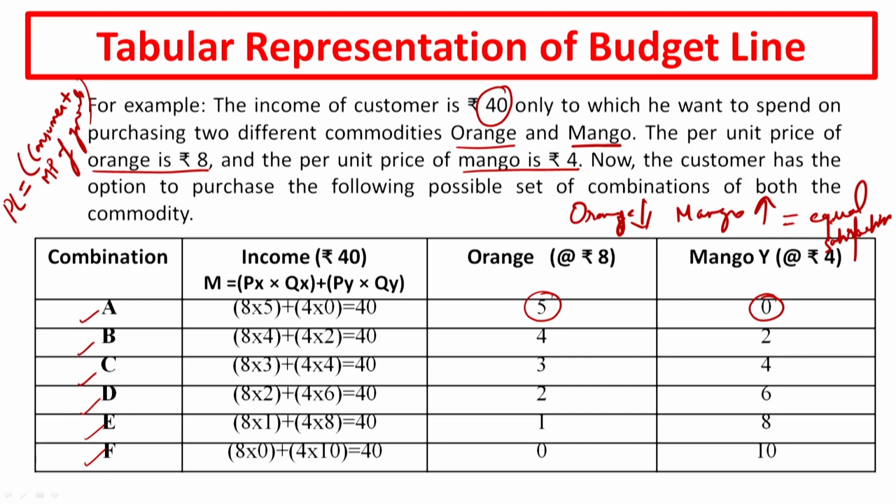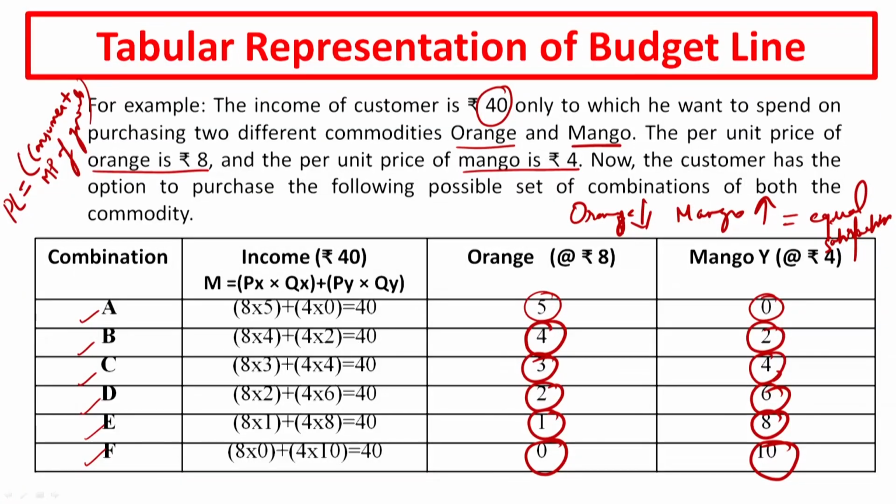Now, at combination B, you are consuming 4 oranges and 2 mango. Combination C, you are consuming 3 oranges and 4 mango. Again, you are reducing orange and increasing mango. And at the F combination, you are consuming 0 oranges and 10 mango.